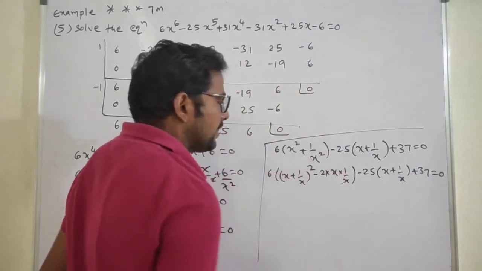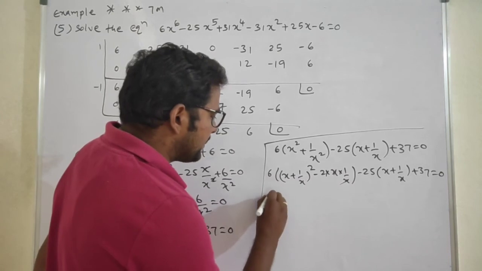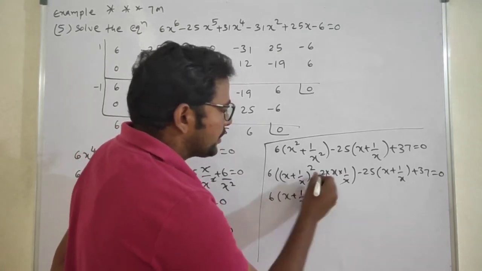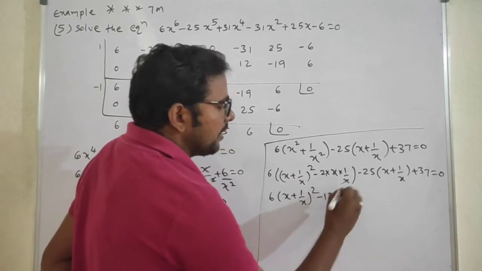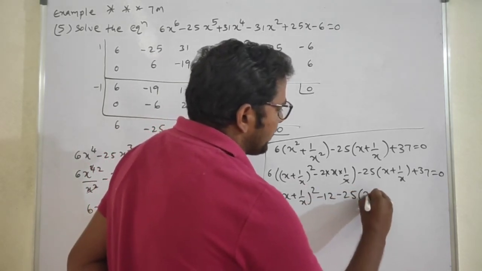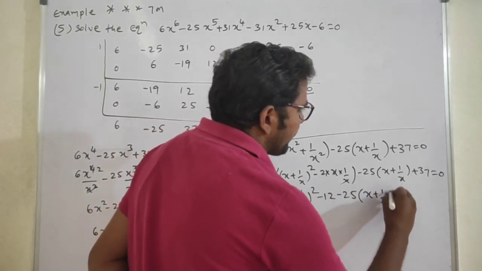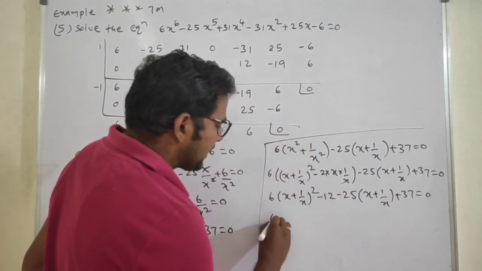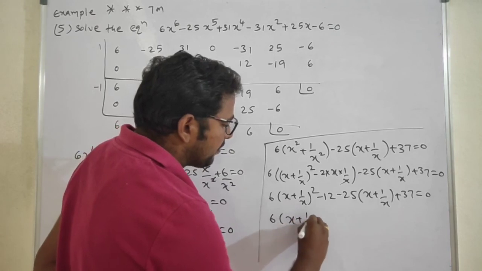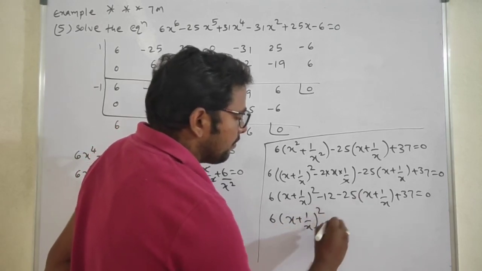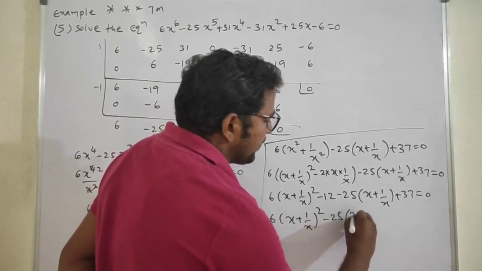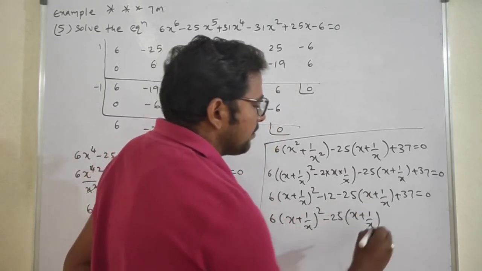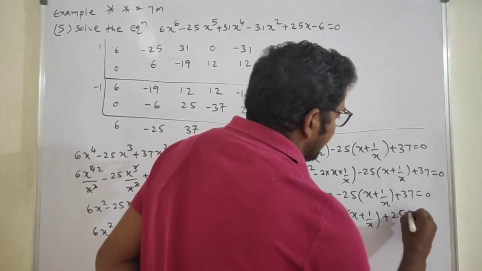The x cancels, so 6 times 2 is 12, giving 6 into (x + 1/x)^2 minus 12, minus 25 into (x + 1/x), plus 37 equals 0. So we can write this as 6 into (x + 1/x)^2 - 25 into (x + 1/x) + 25 = 0.